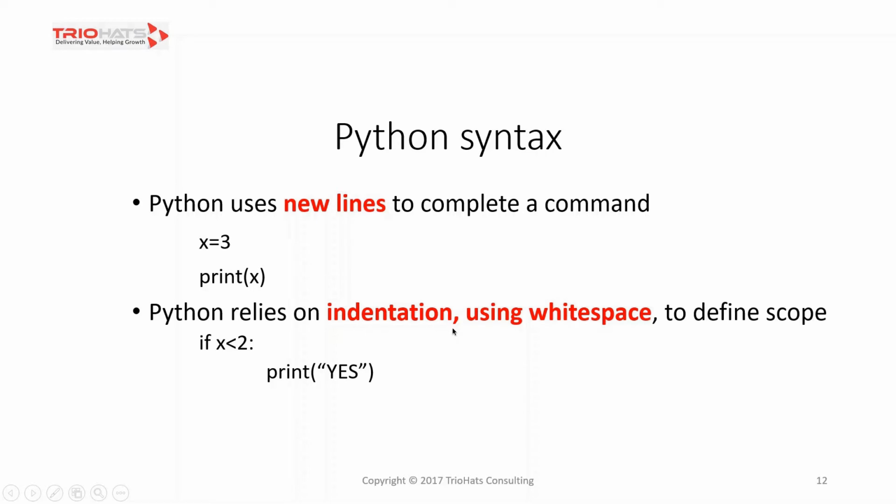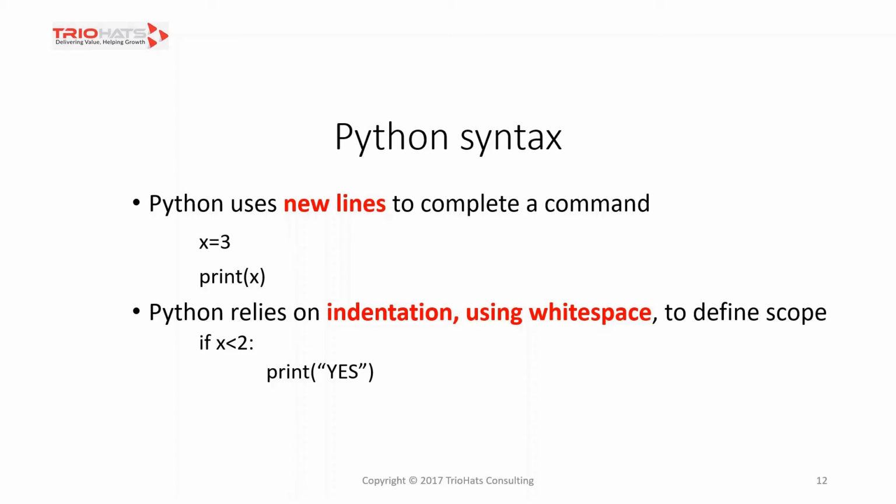If you remember Java, or if we have done Java or C++, they use curly braces to represent something that belongs under a for loop or an if statement. But Python here relies on indentation or white spaces to define the scope.